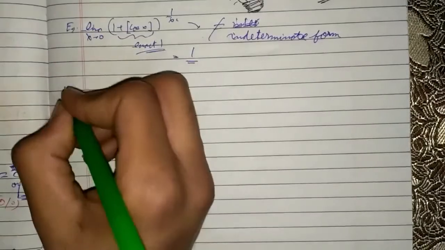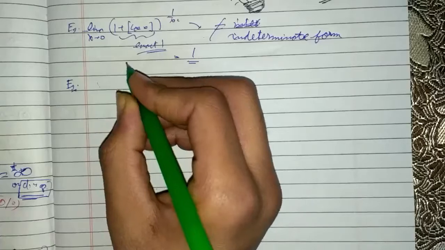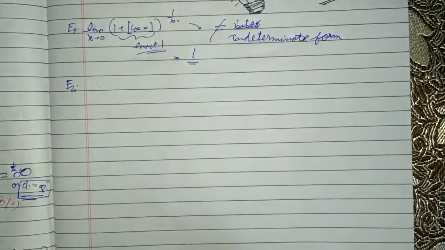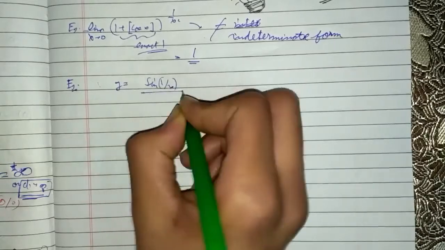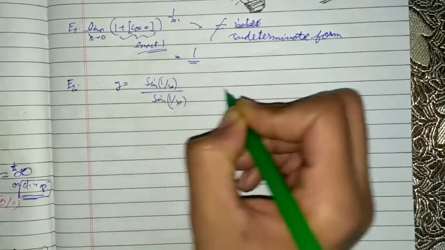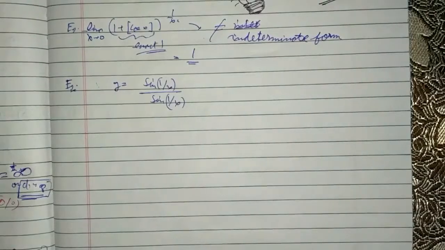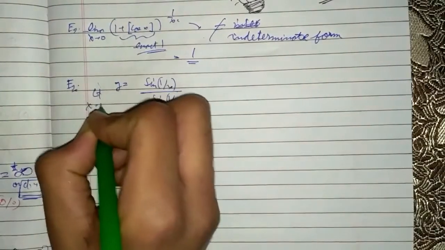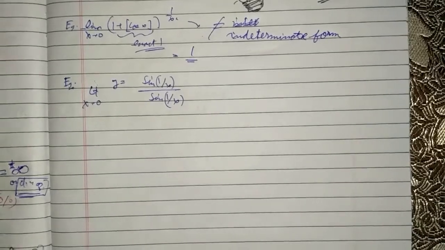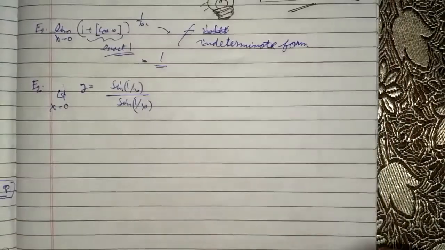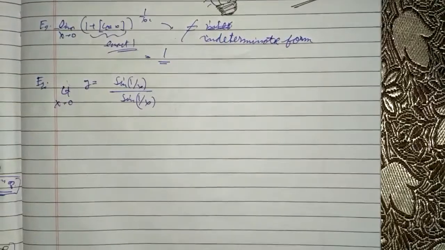So another example: tell, does the function y equals sine of 1 by x divided by sine of 1 by x tend to a limit as x tends to 0, or not? And please notice that the numerator and denominator are both the same.